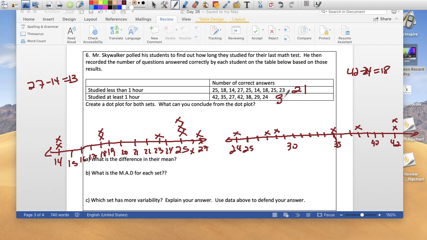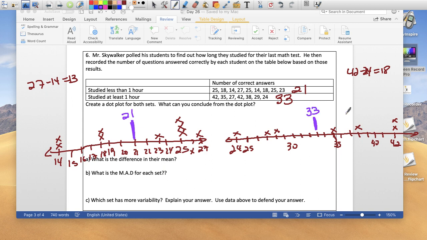Obviously the average is much higher for those who studied. So let me put the mean over here. The mean is 21, and I'm putting purple. That's the mean for this class, and the mean for this class is 33.